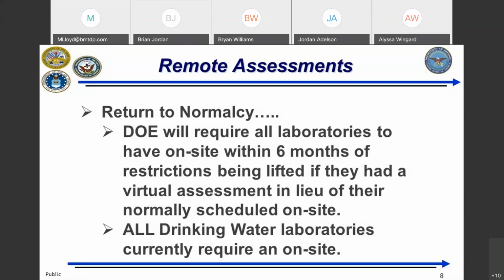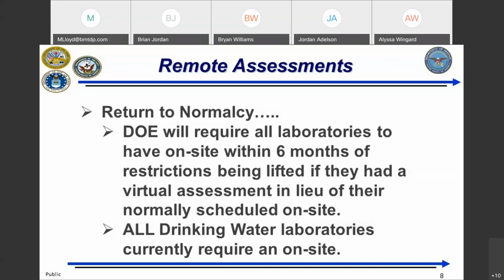As far as the Department of Energy is concerned, they have issued a memorandum, and what their memorandum has said is that they will require all laboratories to have an on-site within 6 months of restrictions being lifted if the laboratory had a virtual assessment in lieu of their normally scheduled on-site.